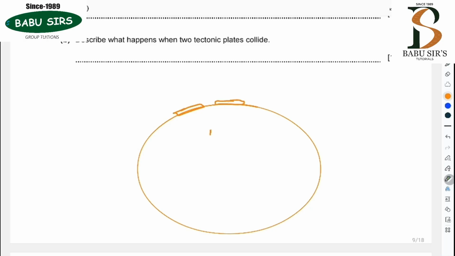Now because there is movement like this, these are the movement due to there is liquid here, and these are convection currents.